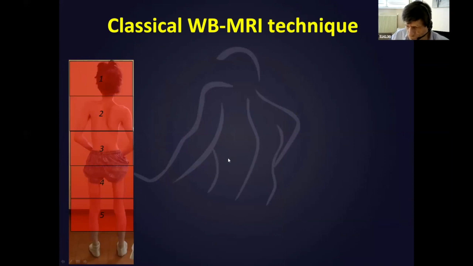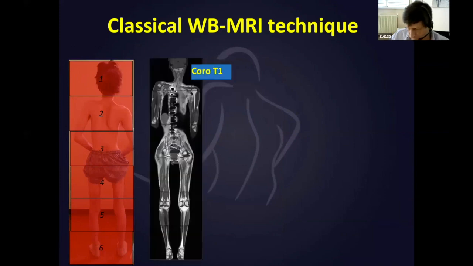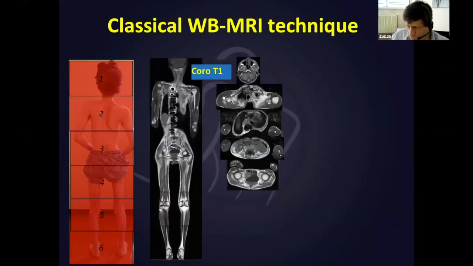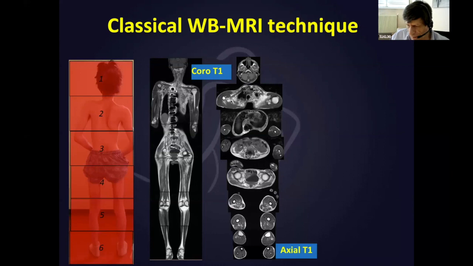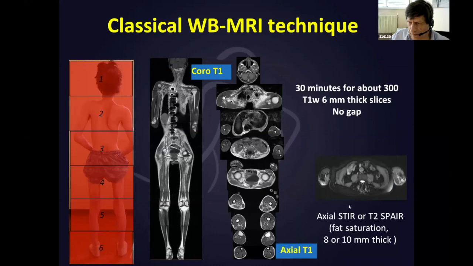The study is organized into steps to cover the body from head to toes in frontal or coronal and axial planes. A T1 weighted study, about 300 slices, takes about 30 minutes. And you add axial STIR or T2 FATSAT images, and it takes about 15 minutes more in this classical examination.